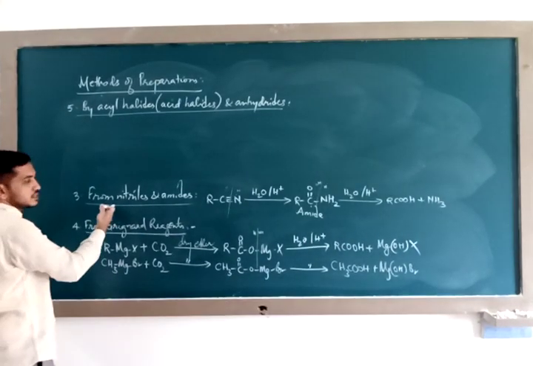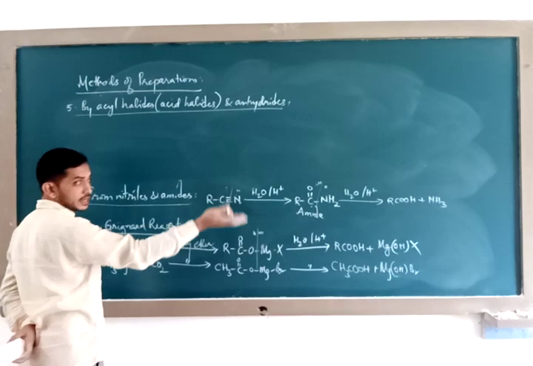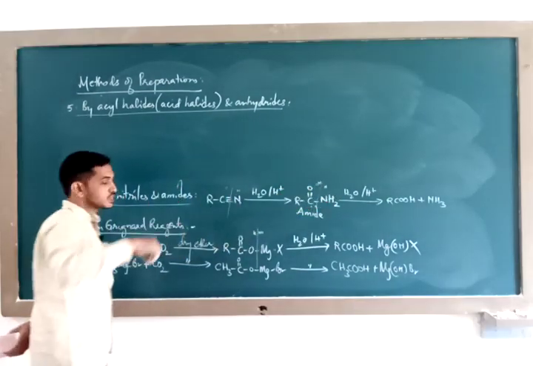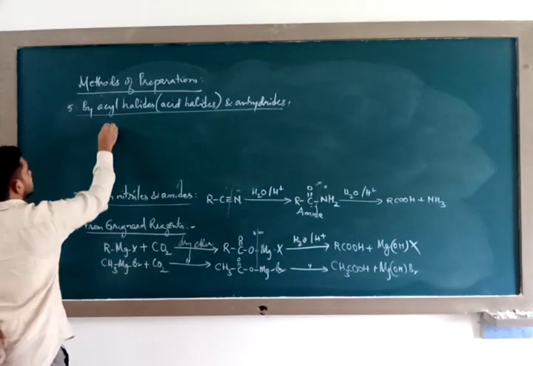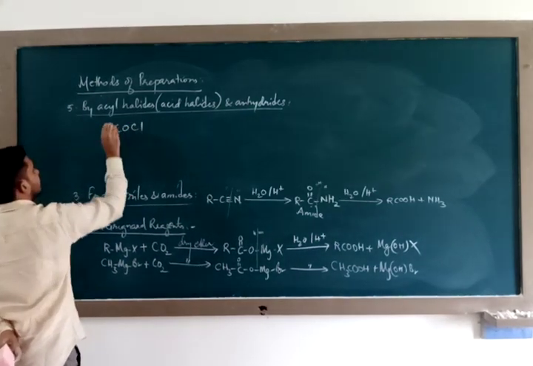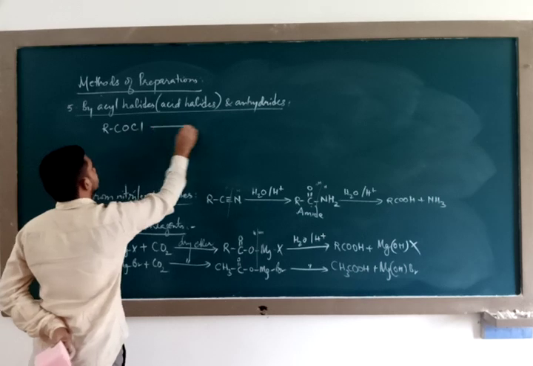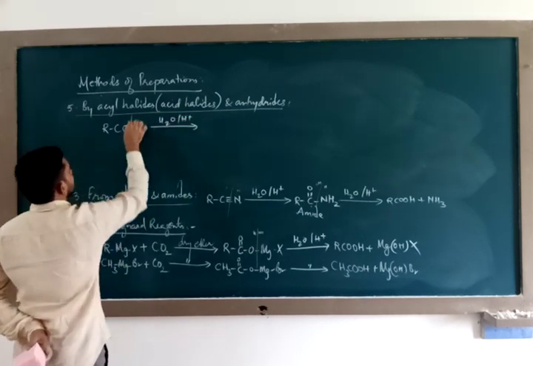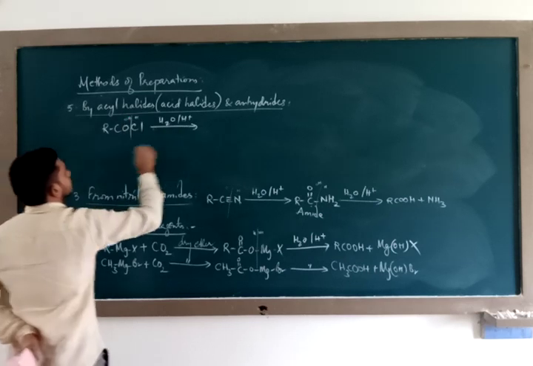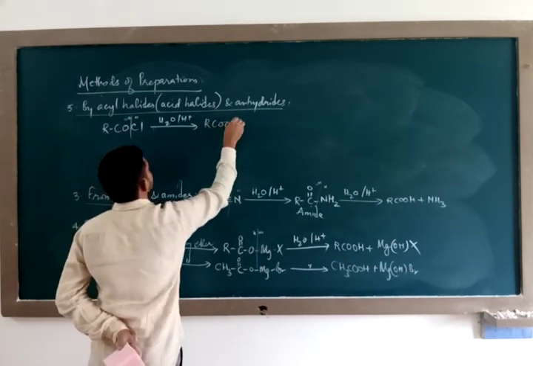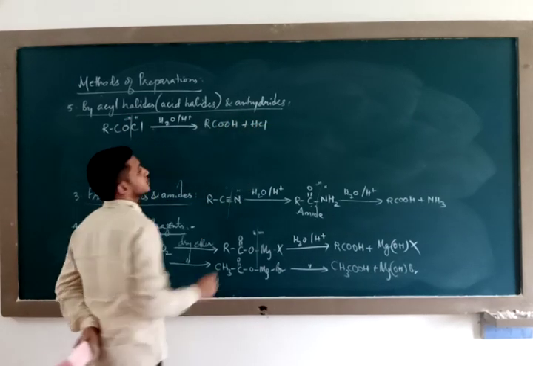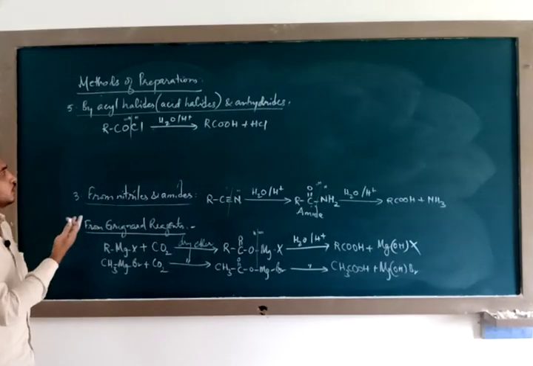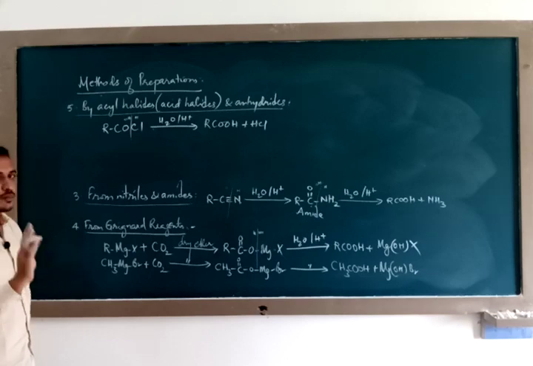Like in nitriles, for hydrolysis of nitriles you will get carboxylic acid. If an amide is hydrolyzed, it will also give you carboxylic acid. Here acyl halide means RCOCl. If this is hydrolyzed, same conditions in acidic hydrolysis, break here, you add OH here, H here, then you will have RCOOH plus HCl. Very simple method. Simply hydrolysis of acyl halides or acid chlorides, they will give you carboxylic acid.